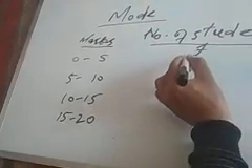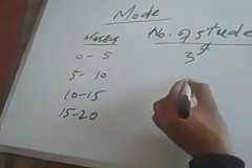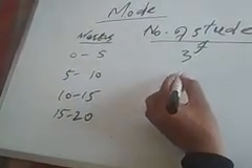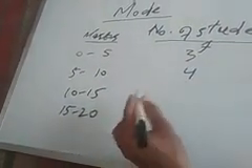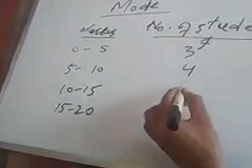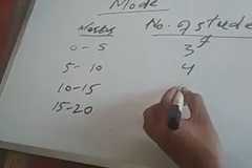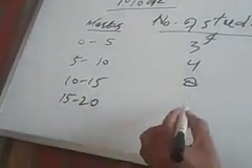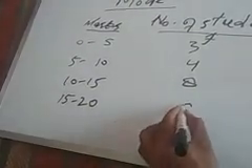And the frequency of 0 to 5 is 3, 5 to 10 is 4, 10 to 15 is 8, and 15 to 20 is 6.